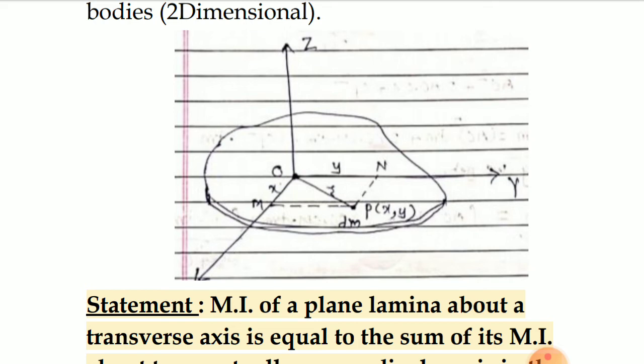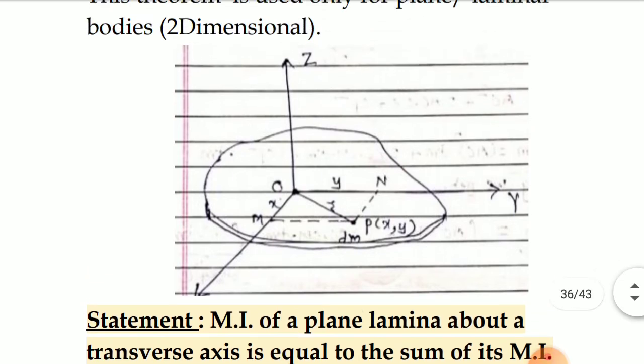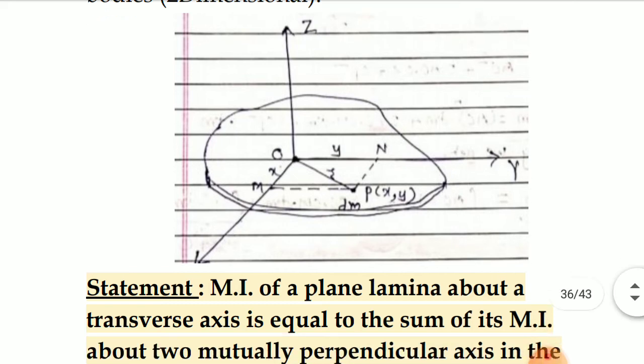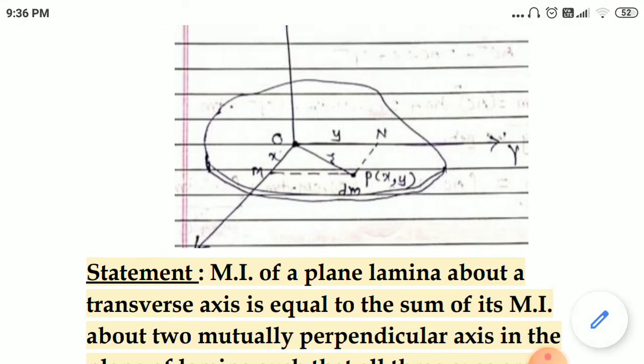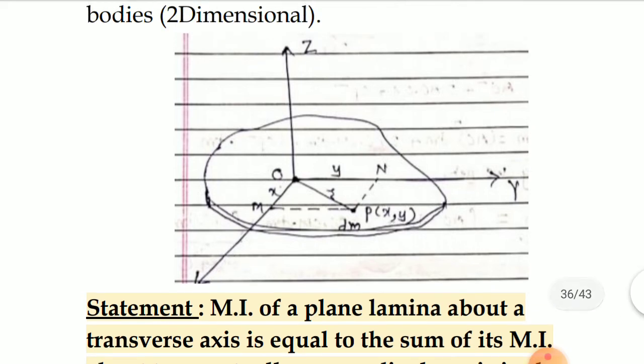If I consider that axis to be my z axis, then the theorem tells you that the moment of inertia about this z axis passing through O is equal to the sum of the moments of inertia about two mutually perpendicular axes in the plane of the body which pass through the same point O. So if that is your z axis, I take the x and y axes here, and the moment of inertia about the x axis, Ix, plus the moment of inertia about the y axis, Iy, is equal to I about the z axis. That is what the theorem states.